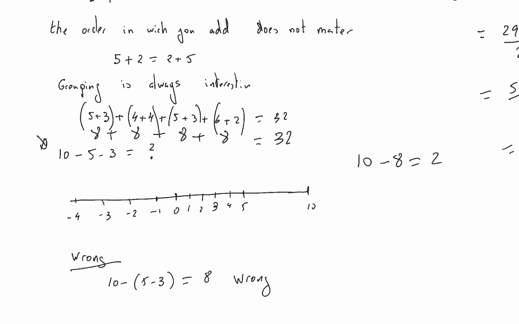But this can be seen like this. 10 going to the right, minus 5. Now I take an arrow and I put minus 5. And now minus 3, and I take a small arrow.